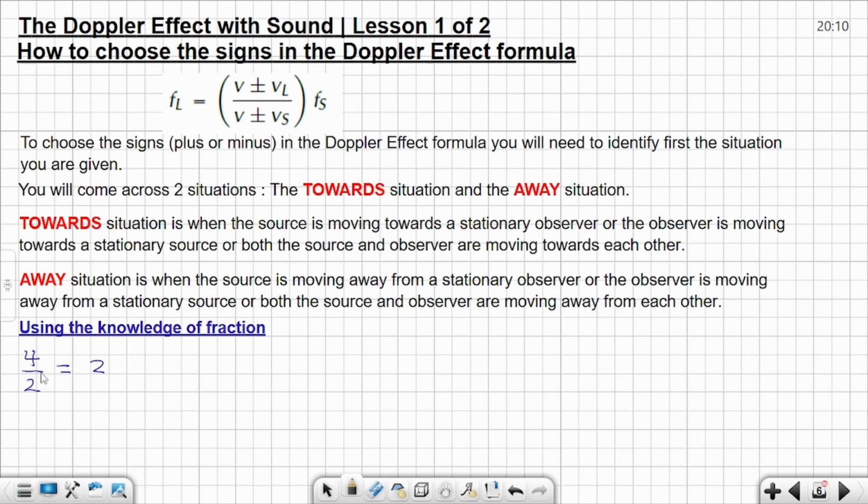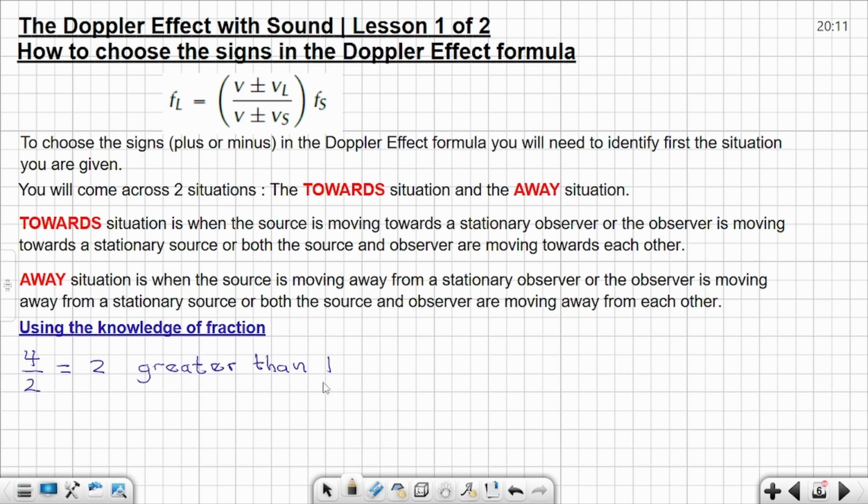And this is known as an improper fraction. What is happening here? The answer is always greater than 1. Whenever you have a numerator bigger than the denominator, the answer will always be greater than 1.